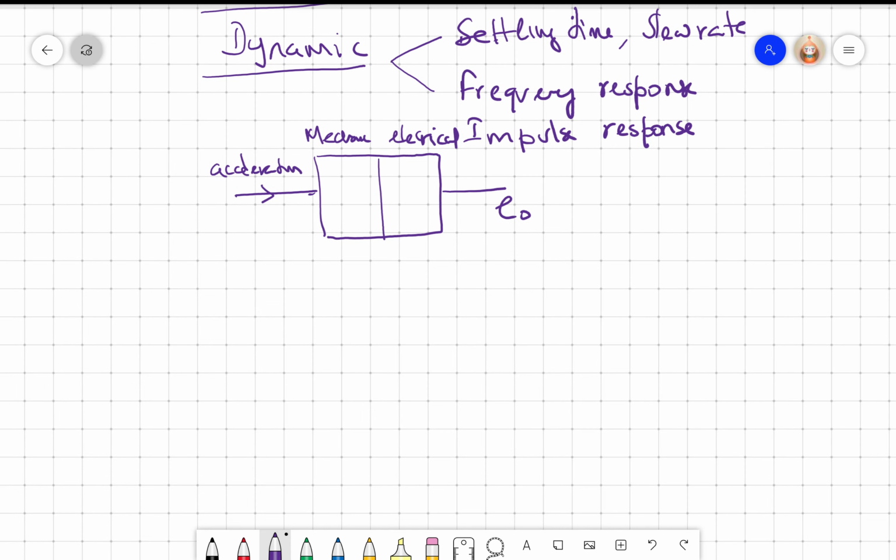Okay, and in that we saw that in the mechanical side, we have the classic equation m d square x by dt square plus d dx by dt plus ks into x is the applied force.